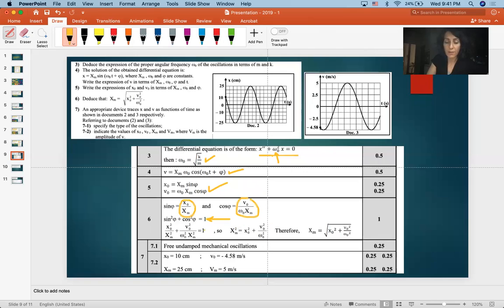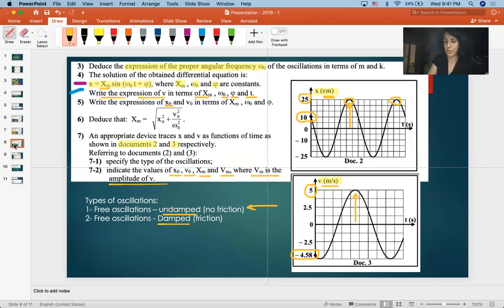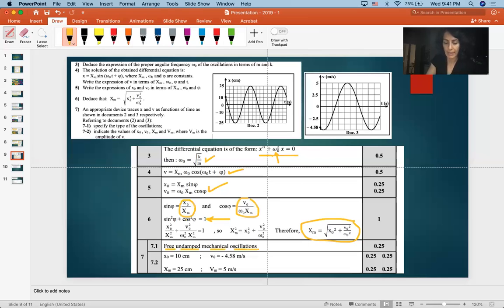And they wrote xm on one side or factorized it first, and eventually they got the final answer needed, and they said free undamped mechanical oscillations. In my answer, I did not mention mechanical oscillation, and we know obviously that this is mechanical, but why not say it? Because in the electricity part you also have oscillations, so you can add the word mechanical.